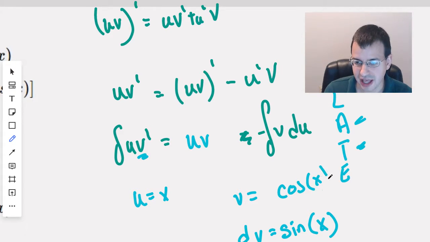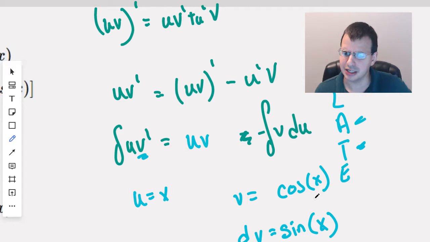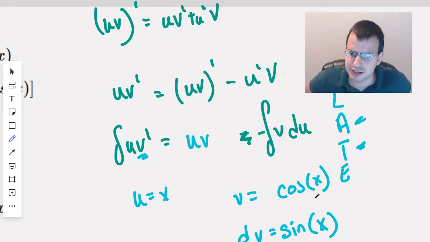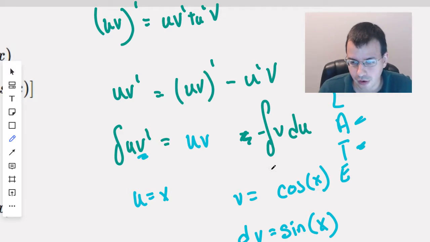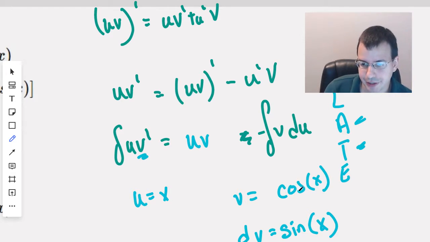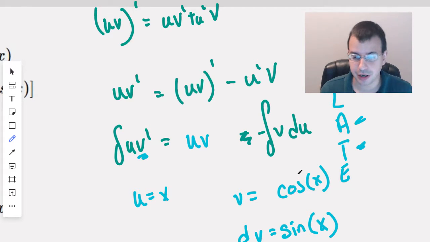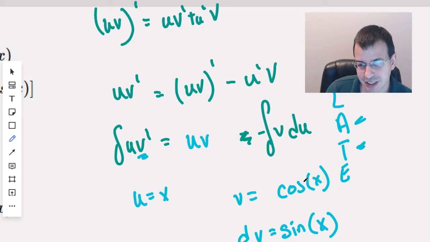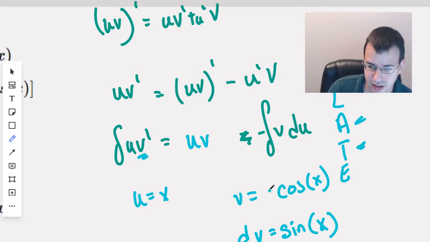Now this is where I have to take a step back and see if this makes sense. I have to make sure I get the right sign here. If we take the derivative of cosine, we're going to get negative sine.